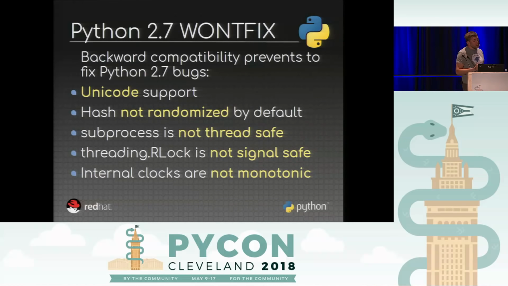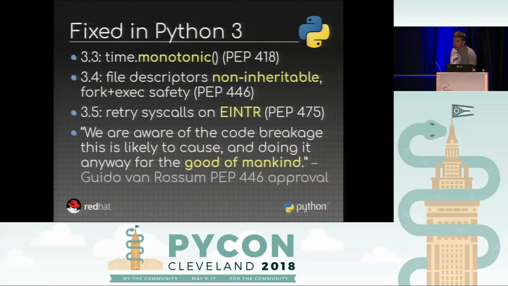One last example is that Python uses clocks internally for different operations like timeouts, and we were using the system clock, which causes some trouble if the system administrator changes the system clock. Your application may be stuck for 1 hour or may crash. We don't know. But the good news is that we already fixed all these issues. So just upgrade to Python 3 and you will be good.